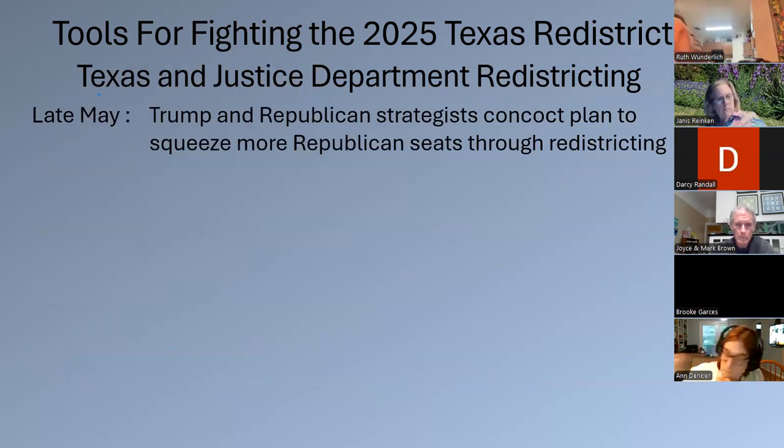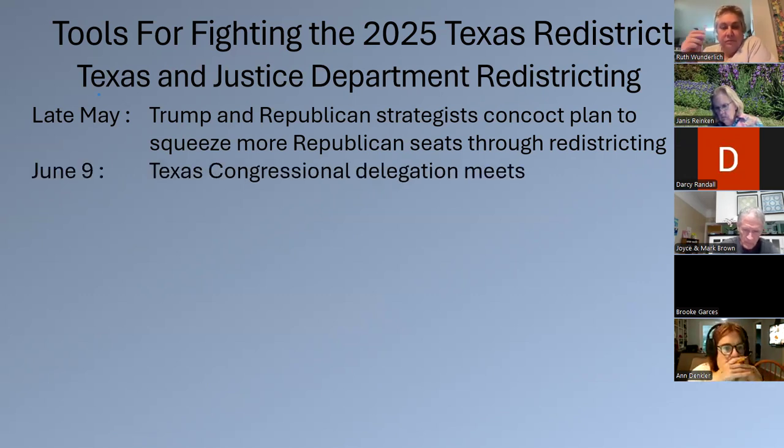In late May, Trump and the Republican strategists realized that there may be a wave election in 2026. They realized that the House will wash to the Democrats. And so they're trying to come up with even tighter gerrymanders to pull in more districts so they don't wash out, as opposed to letting the majority decide.